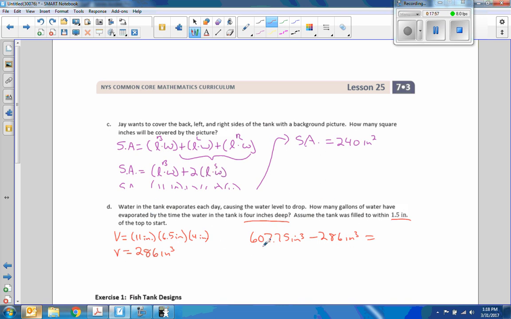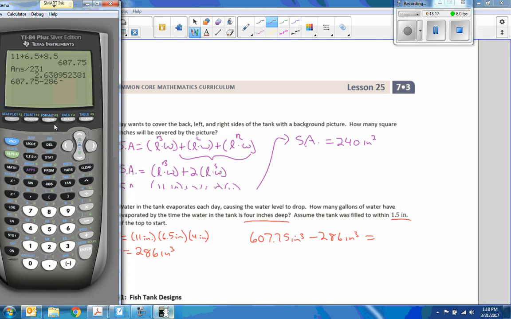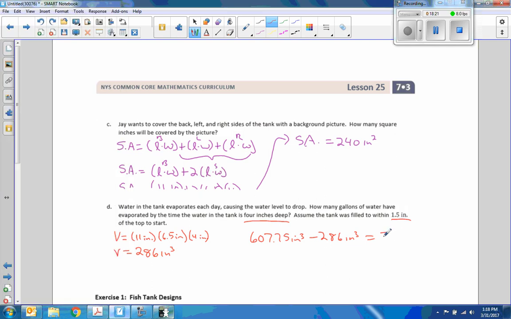So you take the full value, minus the value remaining after it's only 4 inches deep, and the difference is what evaporated. So I'm going to take 607.75 minus 286, and it's 321.75 cubic inches evaporated.